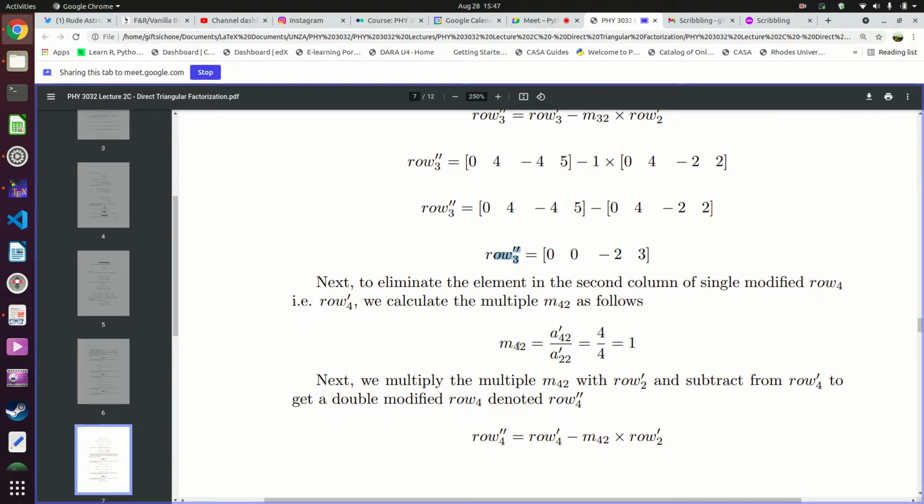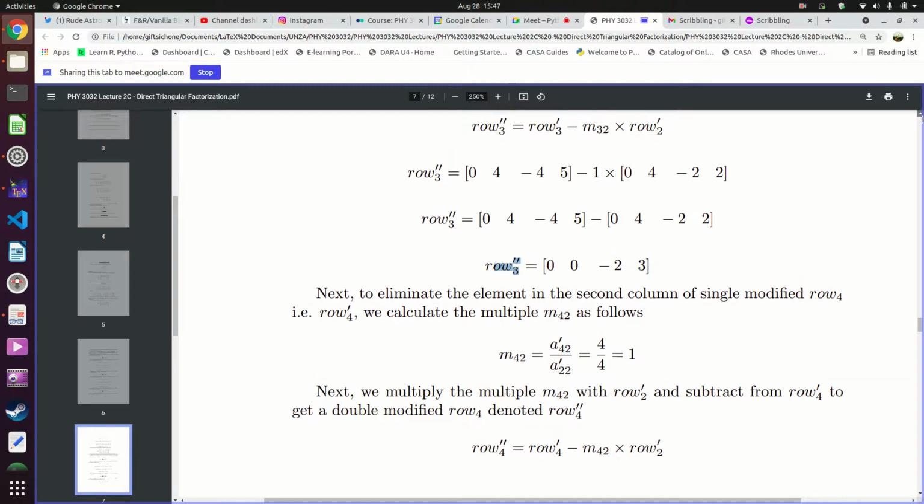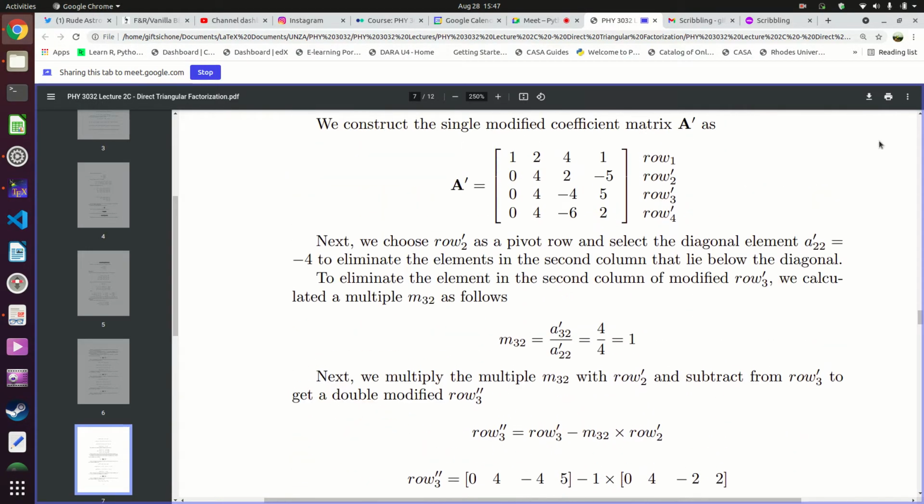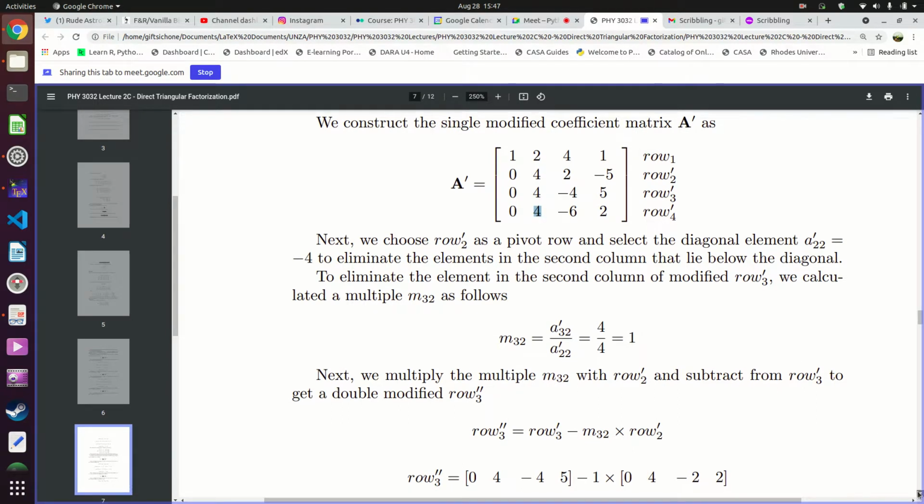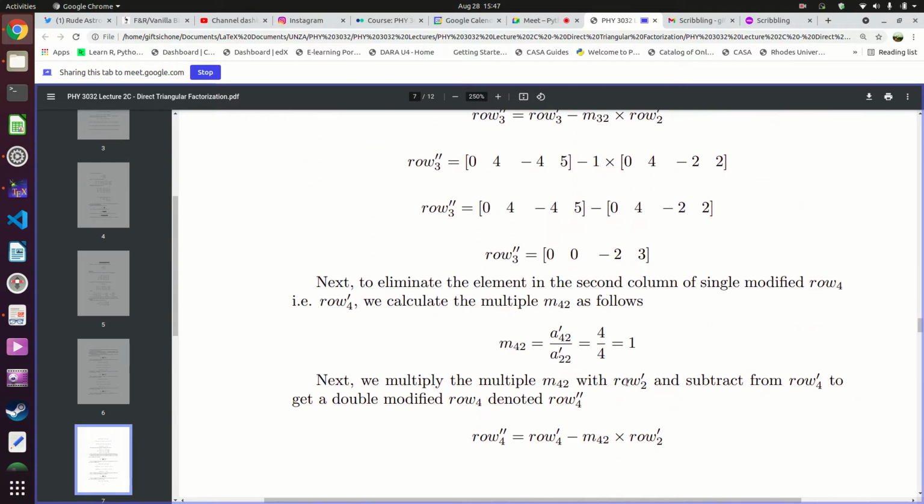Then we need to work out the other multiplier for eliminating this one, which is M42. So the multiplier M42 is going to be equal to A42 prime divided by A22 prime, which is 4 divided by 4 again, and you get 1 as your multiplier.